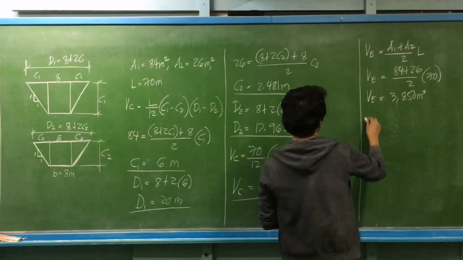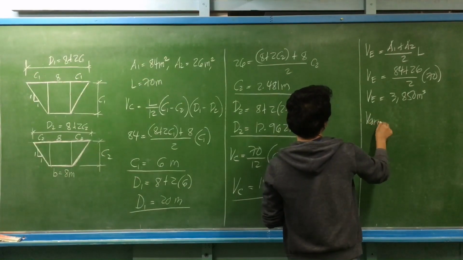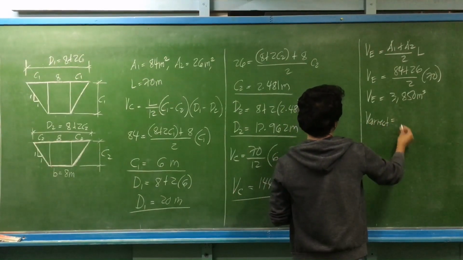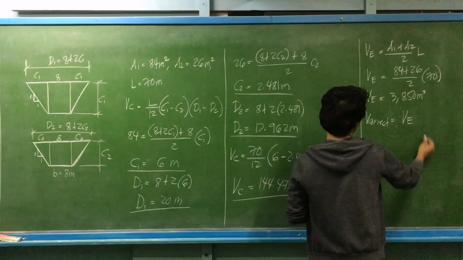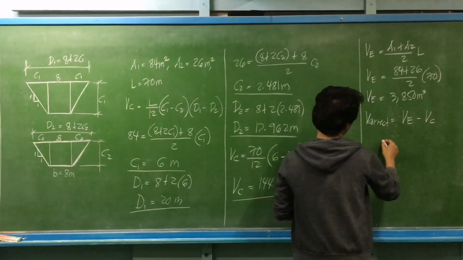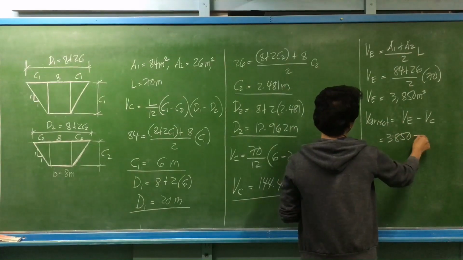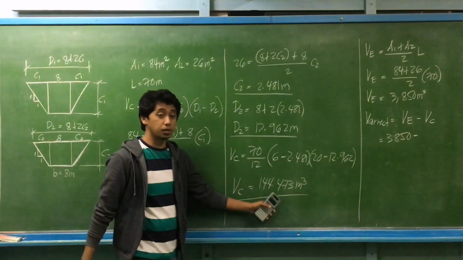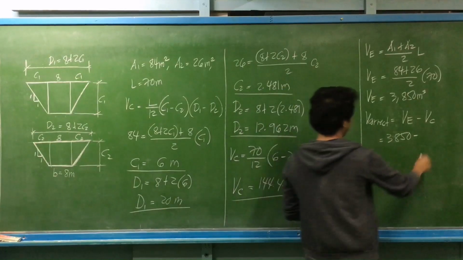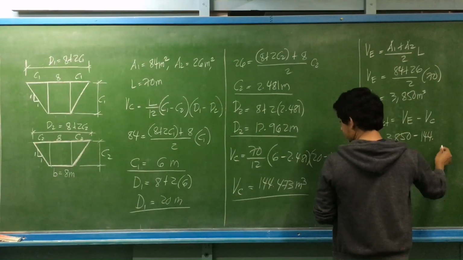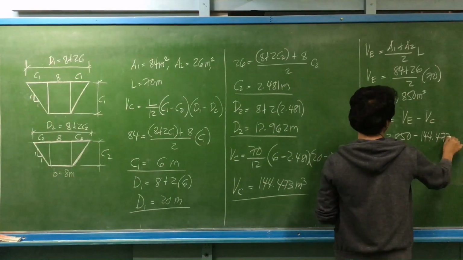Okay, kunin natin yung volume correction or corrected volume. So we have volume correct is equal to volume ng end area method minus yung volume correction. So this is equal to 3,850 minus yung ating volume correction, 144.473.